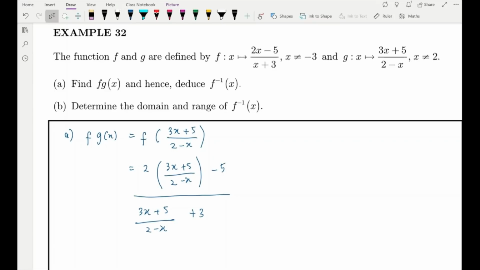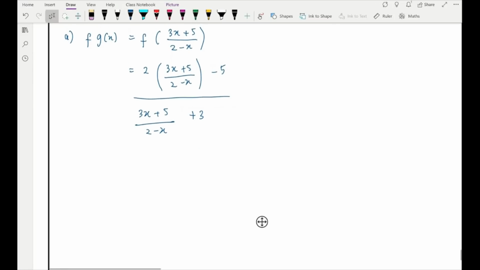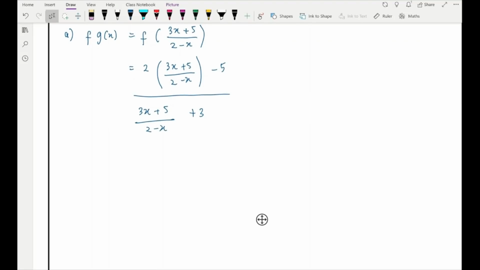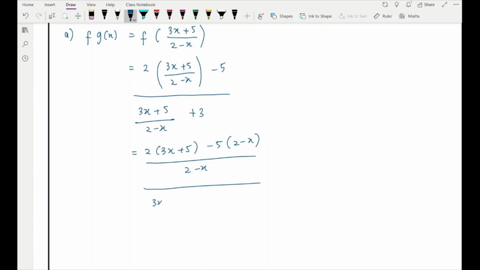And then we simplify the answer. So we can get 2 times (3x plus 5) minus 5 times (2 minus x), over 2 minus x, over 3x plus 5 plus 3 times (2 minus x), over 2 minus x.